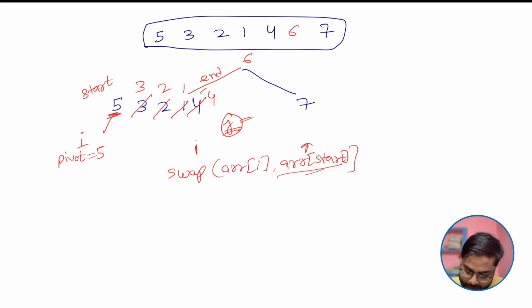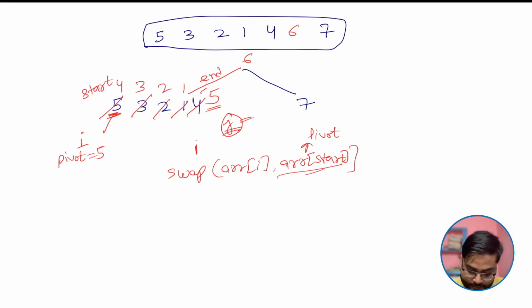So this is nothing but the pivot element. So I will swap them. So it will be 5 and it will be 4. So this will be 4. Okay, so 5 got its correct position.